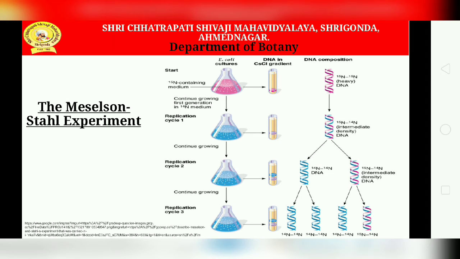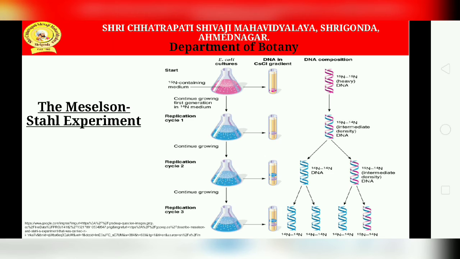So we can separate DNA molecules based on the difference in their densities. They used a centrifuge, a device that spins test tubes at a very high speed. When a test tube is spun inside the centrifuge, the contents are pushed towards the bottom.